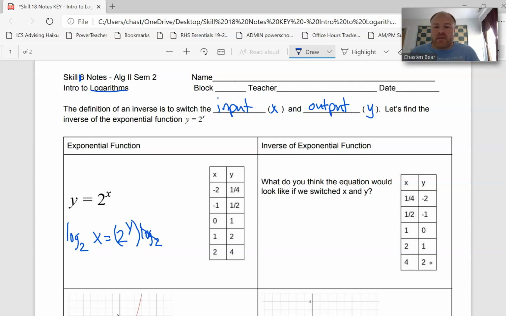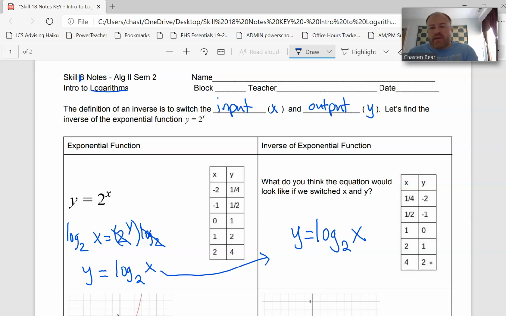Log base 2 cancels out with the 2, so we end up with y equals log base 2 of x. That's going to be our equation. So the logarithm ends up being what we refer to as the inverse of an exponential.